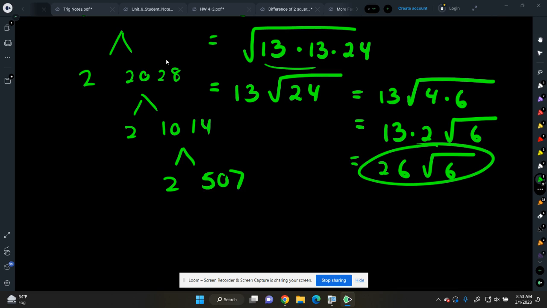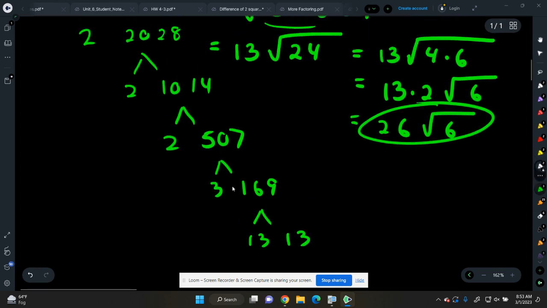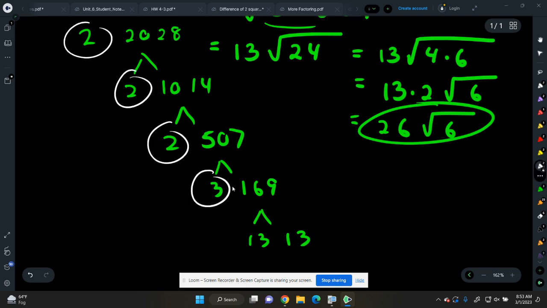And then we grab our pairs, right? 507 should be divisible by 3. That's 3 times 169. Okay. And then 169 is 13 times 13. So if I look at what I have here, I have 2, 2, 2, 3, 13, 13.